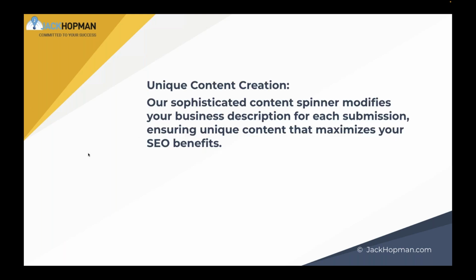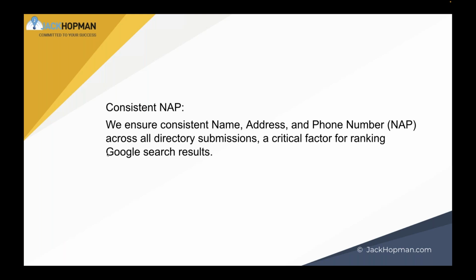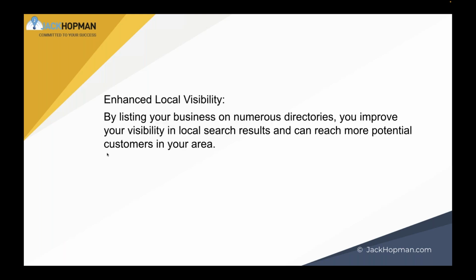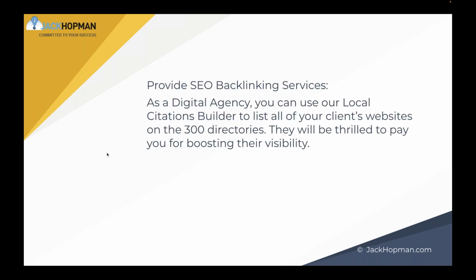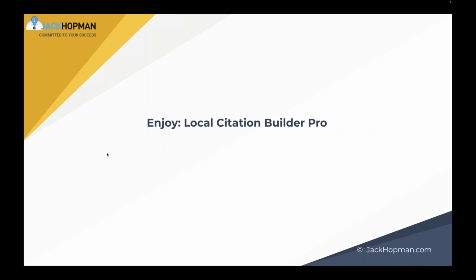Unique content: we spin and modify your business listing for each submission, ensuring unique content to maximize your SEO benefits. Consistent NAP. I think I already said it a couple of times. Enhance local visibility, ongoing SEO boost. Those backlinks help you boost your website. Provide SEO backlinks, enjoy Local Citation Builder Pro.